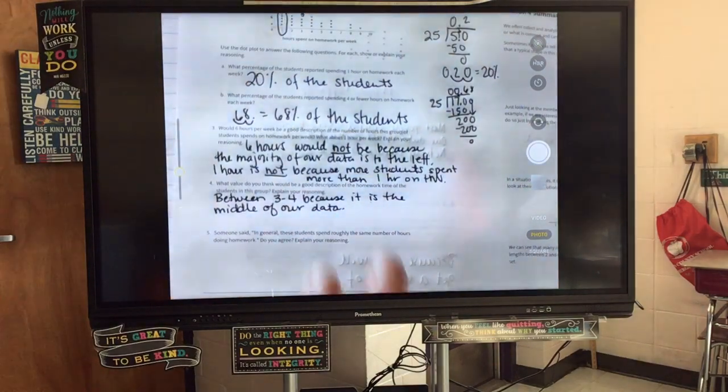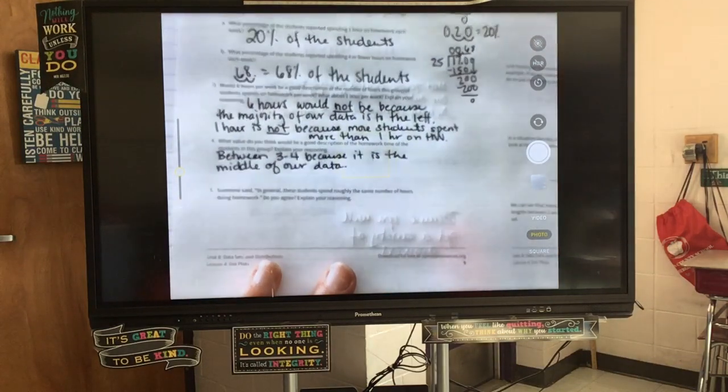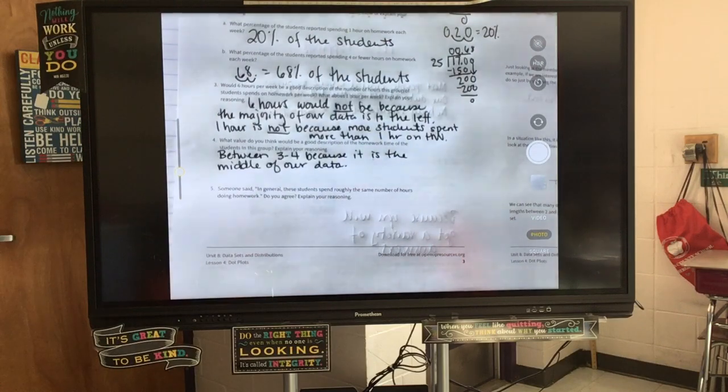Okay, and the last one, someone said, in general, these students spend roughly the same number of hours doing homework. Do you agree? Explain your reasoning. So how many of you guys agree with this? Stand up if you agree. Okay, stand up if you disagree.